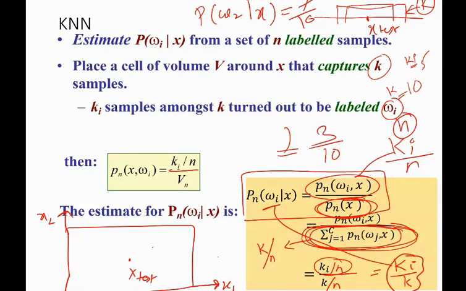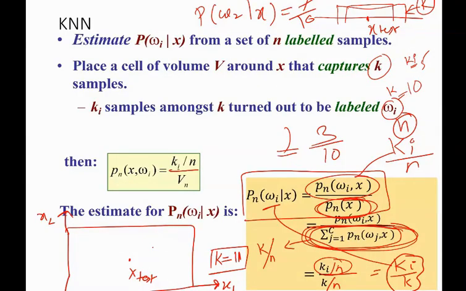Suppose at the beginning of my problem I set K equal to 10. Basically one should go with an odd K so that you can have a good decision. If it is a two-class problem, there won't be any confusion that both of them are getting the same number of samples. If I put K equal to 10, then omega 1 is 5 and omega 2 is 5, and you cannot decide.